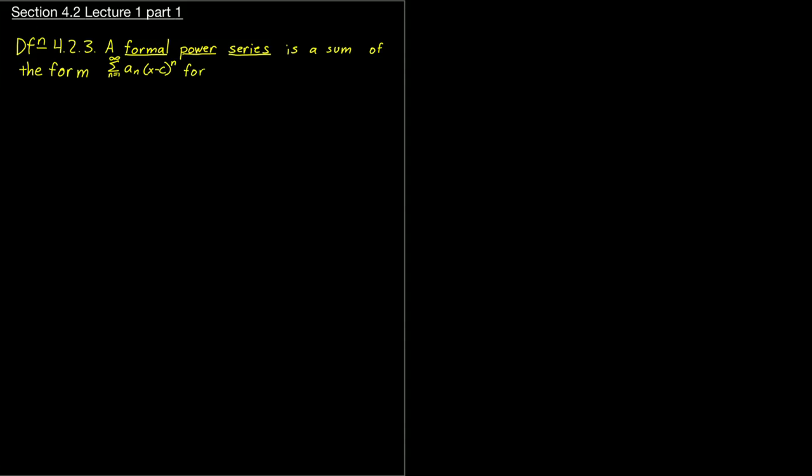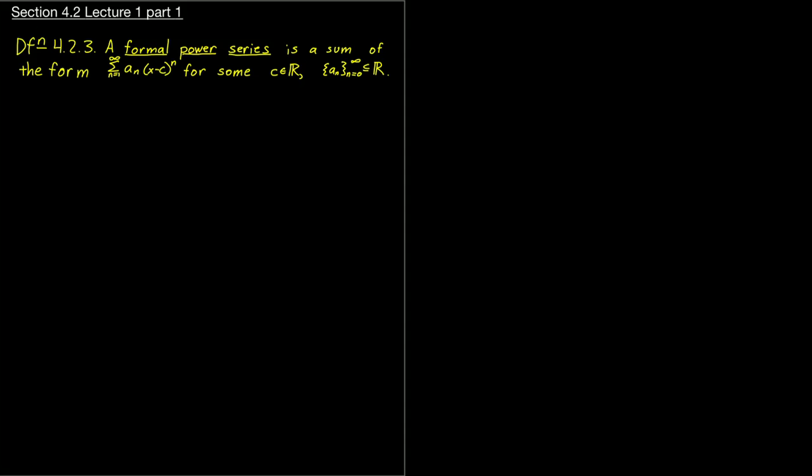For some fixed c and x, and some sequence of numbers an starting at 0 and going to infinity. And I want to emphasize that a formal power series is really just a way of writing down a sequence.